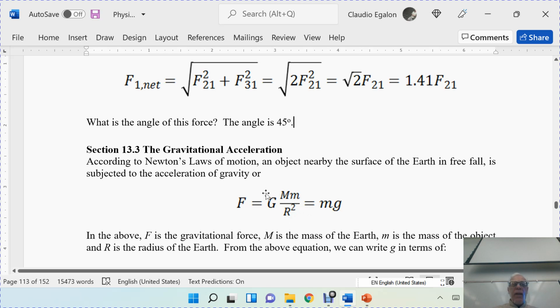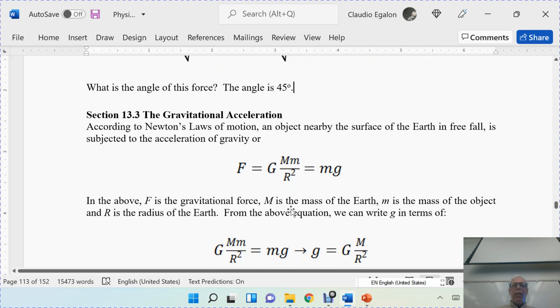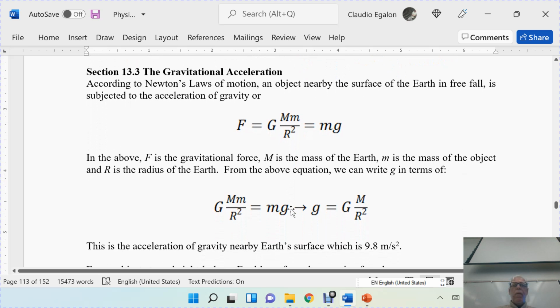So this equation can be rewritten as mg, where this little m is this guy right here, and the g, which is the acceleration of gravity, is going to be given by big G, big M over R squared. That's how we find out the acceleration of gravity.